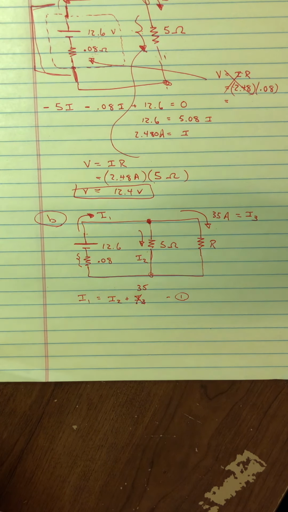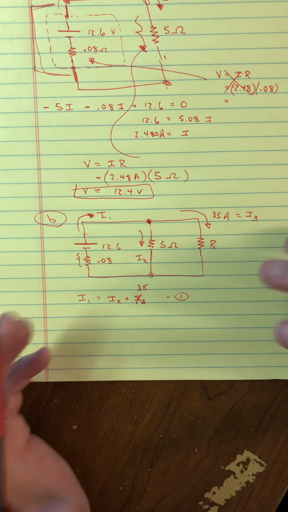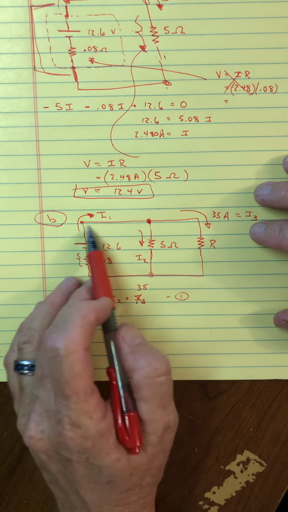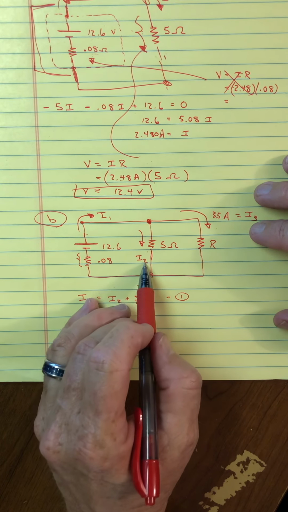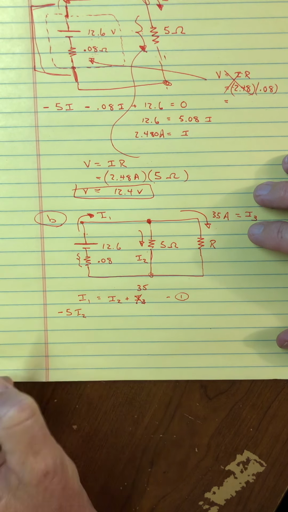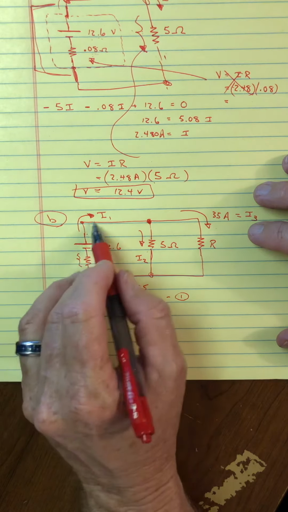Now, if we do a loop here, and if I do the left loop, I would get something that looks like this. Starting over here in the upper left-hand corner, I'd go with current number 2, so there's a minus 5I2. Circles around, coming back with the current. See, that's what this is saying.